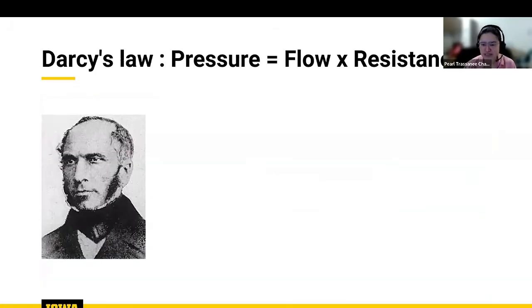A comprehensive understanding of the interplay between PVR and pulmonary blood flow is fundamental to fully grasp the pathophysiology of PH. This relationship is governed by Darcy's law, which states that flow is equal to pressure gradient divided by resistance.